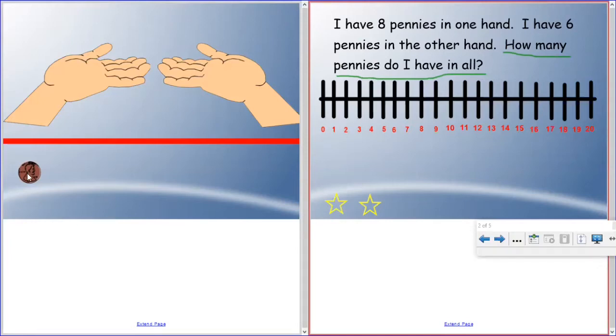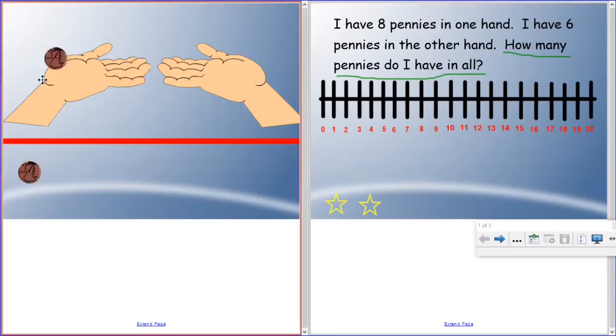Let's count them and put them in the hand one by one. 1, 2, 3, 4, 5, 6, 7, 8.